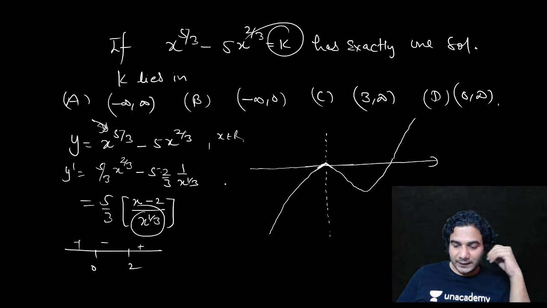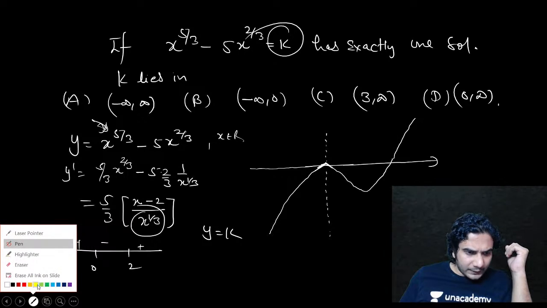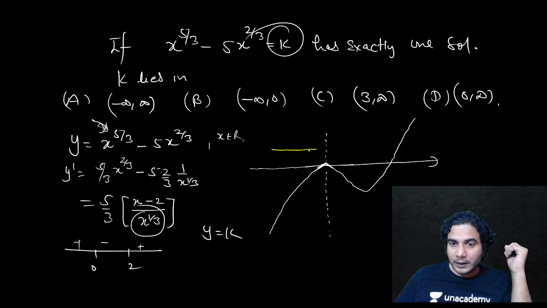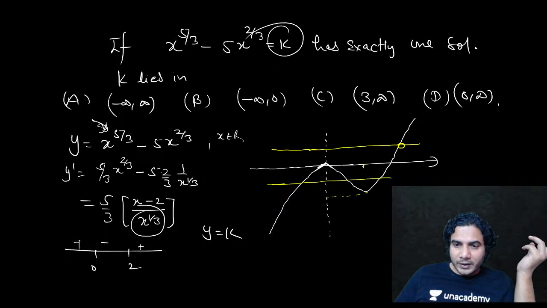So if y is equal to k, if I plot this line, y is equal to k line, and if k is positive, then it will cut only at one point. If k is less than 0 and more than this number, you can calculate, because you know this point is 2.